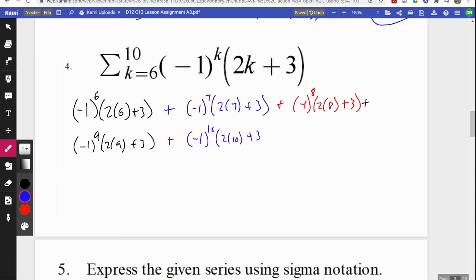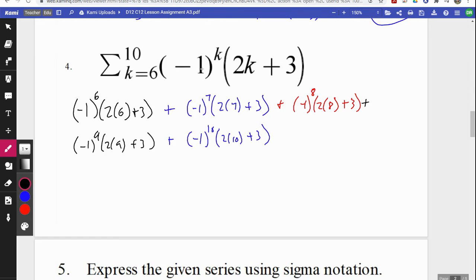Okay. So we have each of these terms. We should notice something right away. Anytime we have a negative number in parentheses raised to the incrementer, I don't know if that's a word, but the number that we incrementally add by 1 to generate the sequence, that means that it's going to go from even to odd to even to odd, and that's important because it's a negative number.